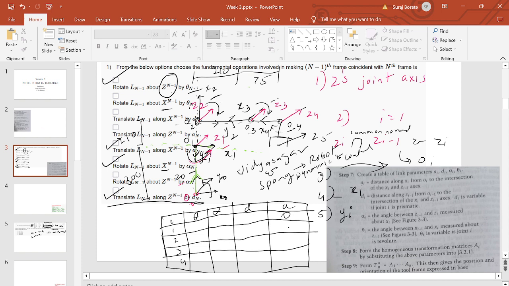Similarly, if you do for the next, you fill in. Distance along x2, what is the distance along x2? This will be 210. Then we have distance along x3, that will be minus 210. And distance along x4, that will be minus 75.